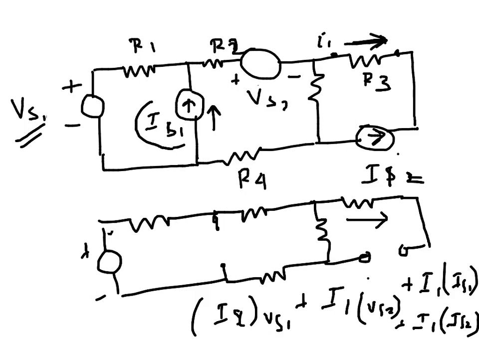Even in this one we can see that because of this particular arrangement of the circuit, when we consider Vs2 as well, the Vs2 will stay here, this one will be short, but this IS2 will be open, so there will be no current.